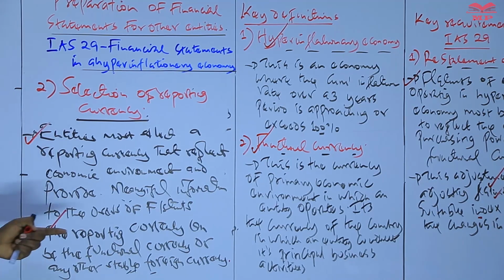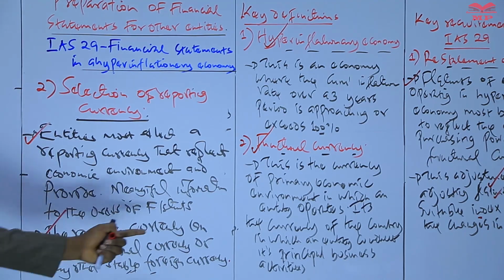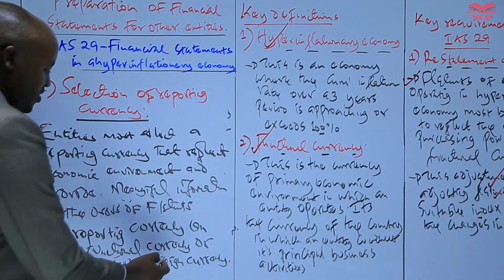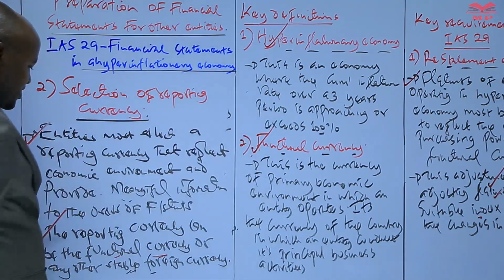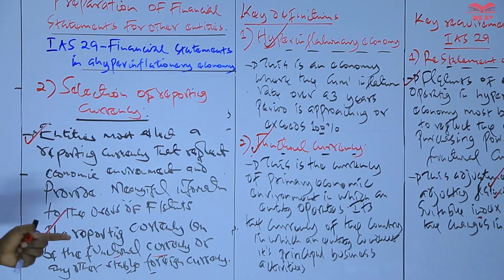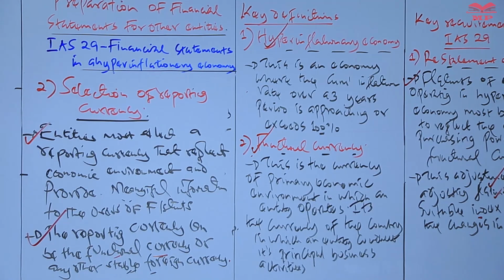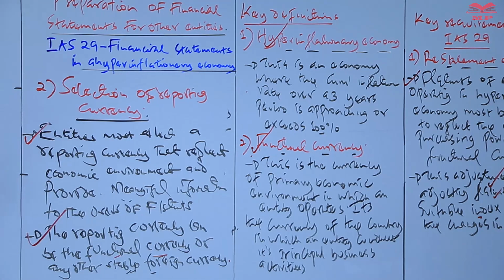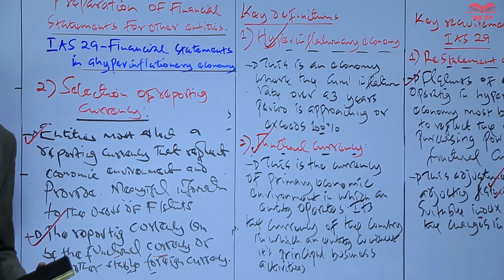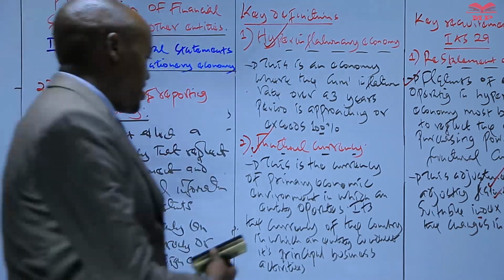We are saying that the reporting currency can be the functional currency, which you have defined earlier, or any other stable foreign currency, like sterling pound or US dollar, a currency whose value does not fluctuate widely due to inflation.